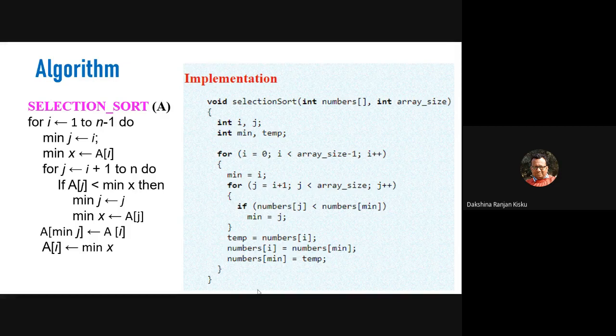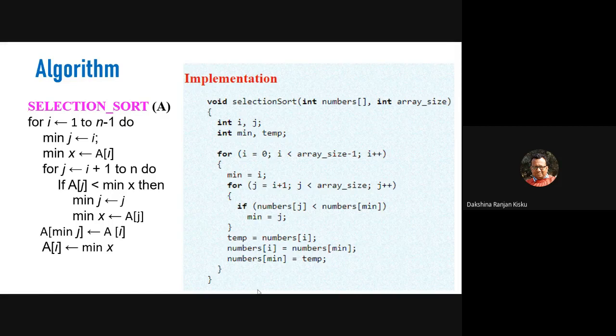Then we will execute a for loop which will vary from i plus 1 to n. So here j will vary from i plus 1 to n, and then we have the comparison operation where we compare aj less than minimum x.